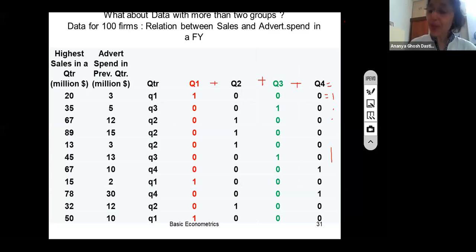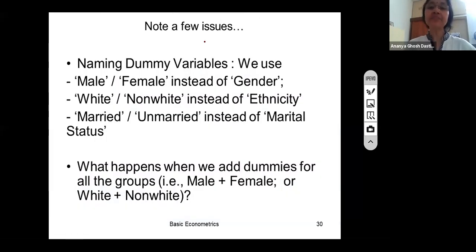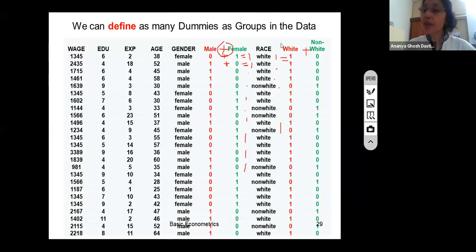So if you have a constant term, do not put all four inside the regression model. Do not put in male and female together. Do not put in white and non-white together. Include only one.